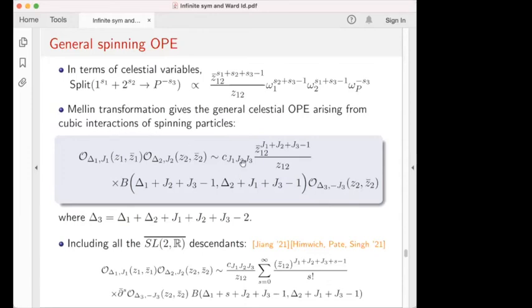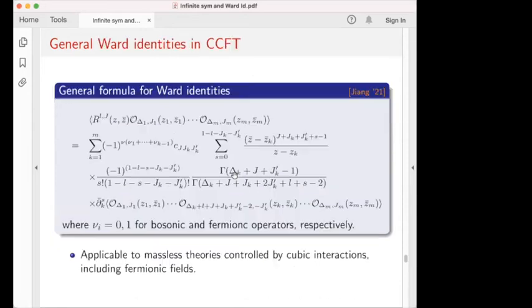So with this general OPE, I can derive a general formula for Ward identities. Here we have this soft current, and if we insert it in the correlator with other operators, we will find this formula. It can be written in terms of the correlation function of hard operators without insertions, but with some extra complicated contributions.